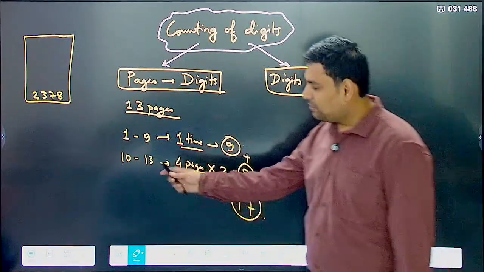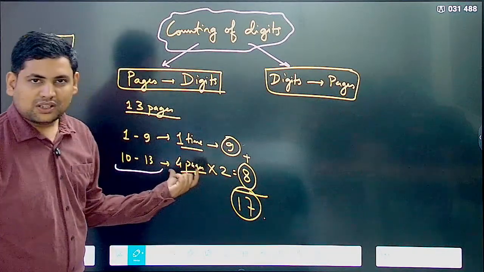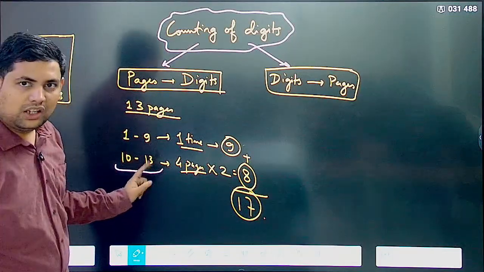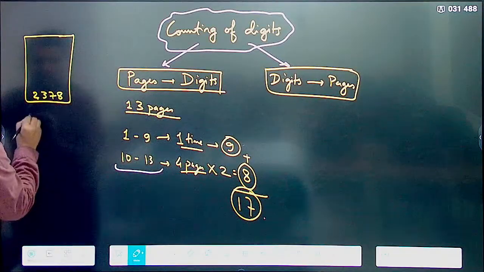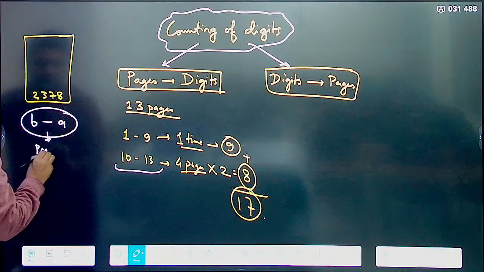Now, some people get confused here about how 10 to 13 gives 4 pages. Always remember, if you are taking a range, for example 10 to 13, just take the difference. If I ask you from A to B, what is the number of pages?